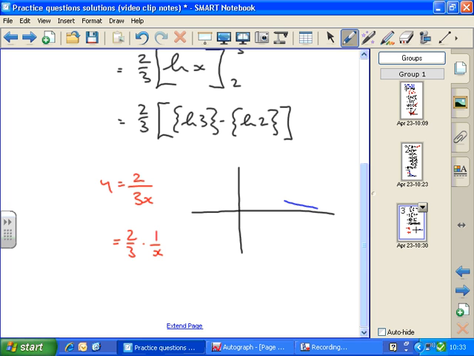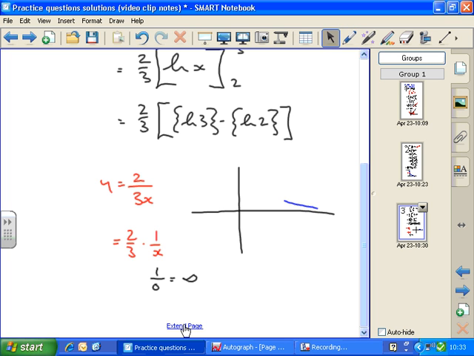But as x gets smaller, 1 over x gets bigger, especially when x is less than 1. And so in the limit where x equals 0, we have this special case where 1 over 0 is actually infinity.